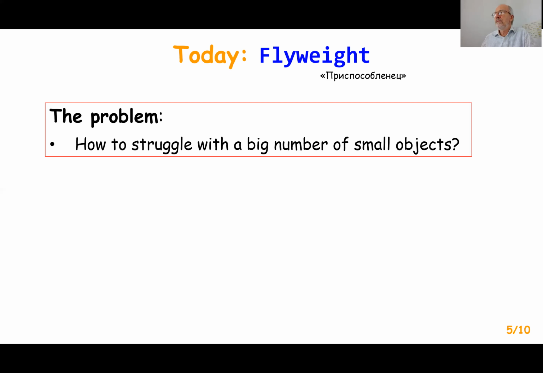It is a very typical problem. I will give you some examples later. Well, the flyweight pattern just gives us the solution for that. Erich Gamma gives us a formal definition of this pattern.